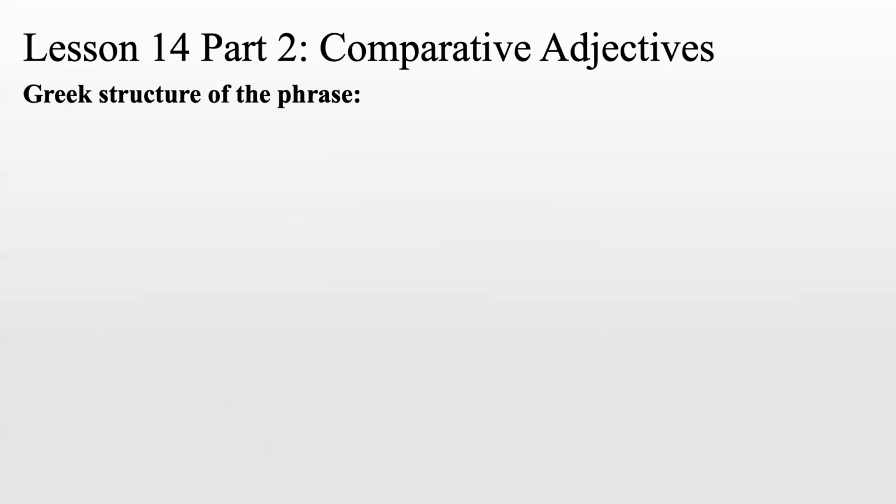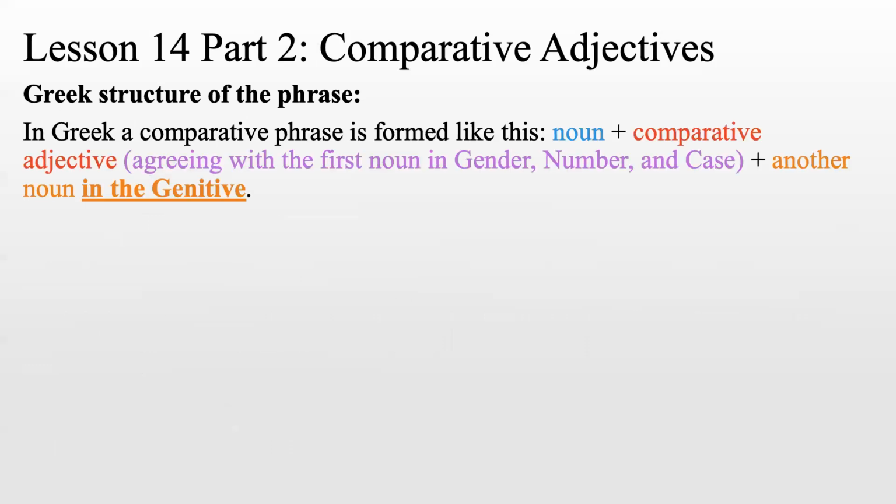All right, so that's the form of the actual words. Now we need to look at the structure of the phrase. In Greek, a comparative phrase is formed like this: noun plus a comparative adjective that needs to agree with the first noun in gender, number, and case, and then another noun in the genitive. So in English, we had, for example, I am taller than my sister.